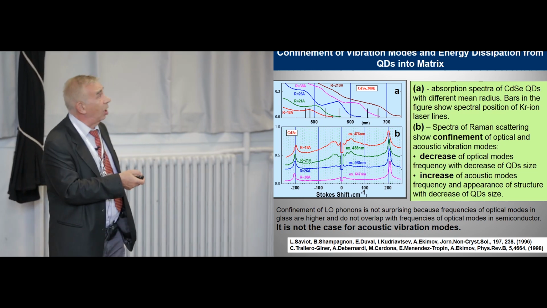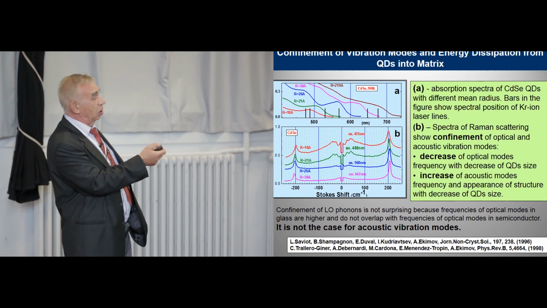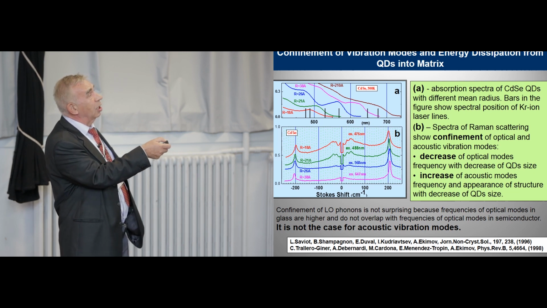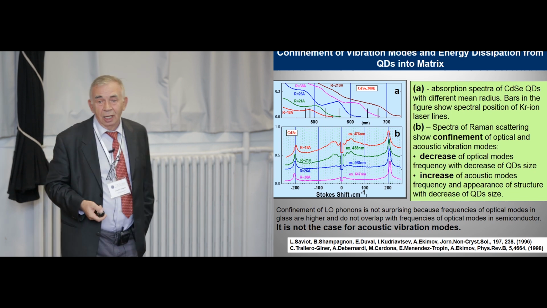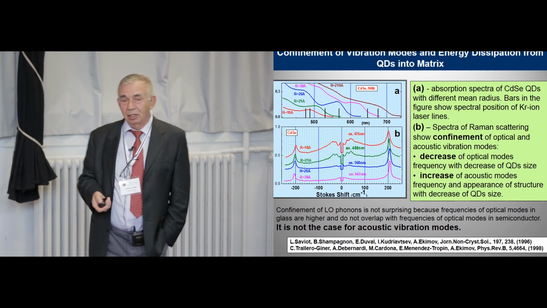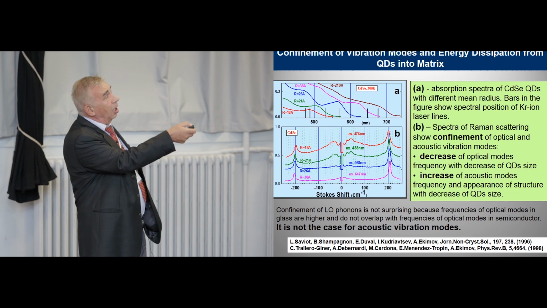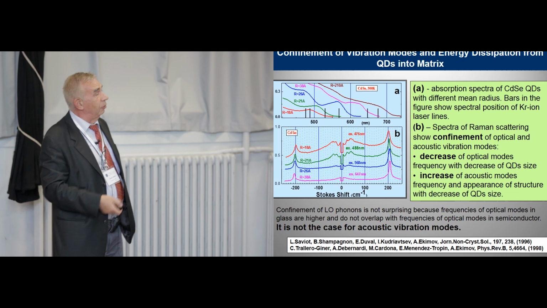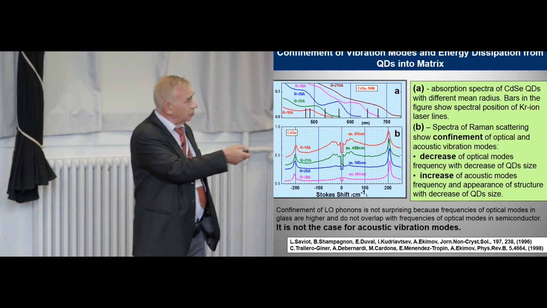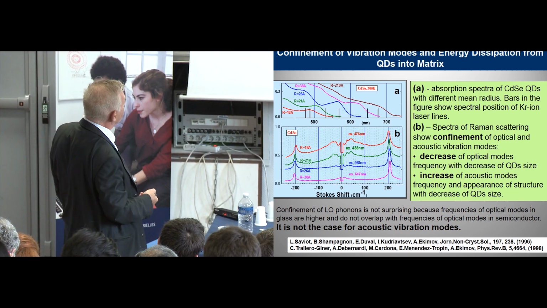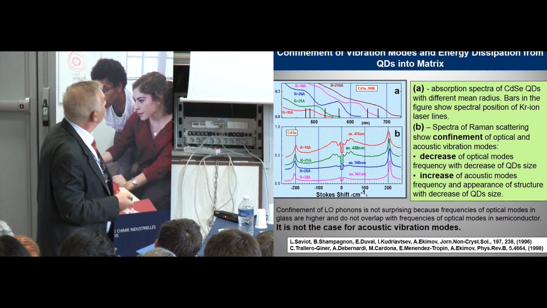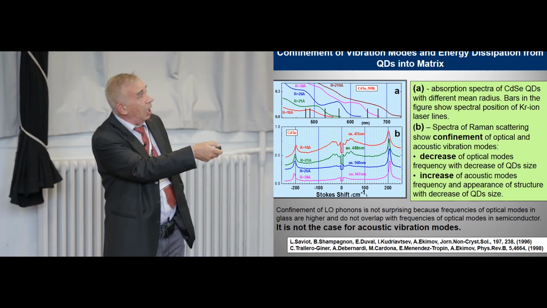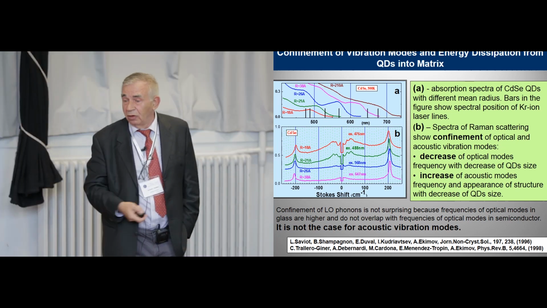But here, the upper panel is just showing absorption spectra of cadmium selenide of different sizes, and the bars here are just the position of krypton laser lines to excite near resonance any sample with any size of the nanocrystals. And here there are Stokes and anti-Stokes components of scattering from these samples with different sizes of the nanocrystals and different excitation wavelength.